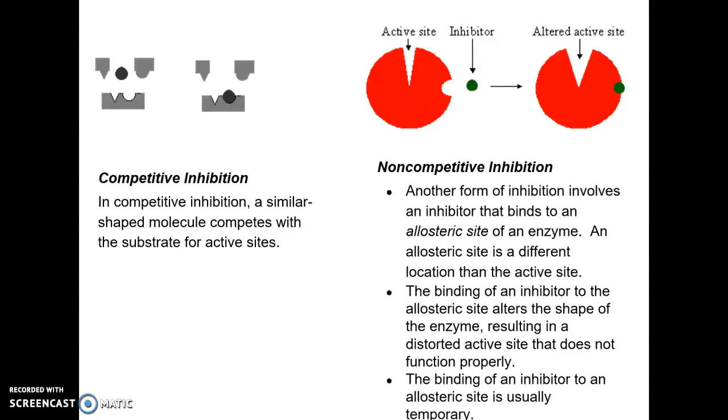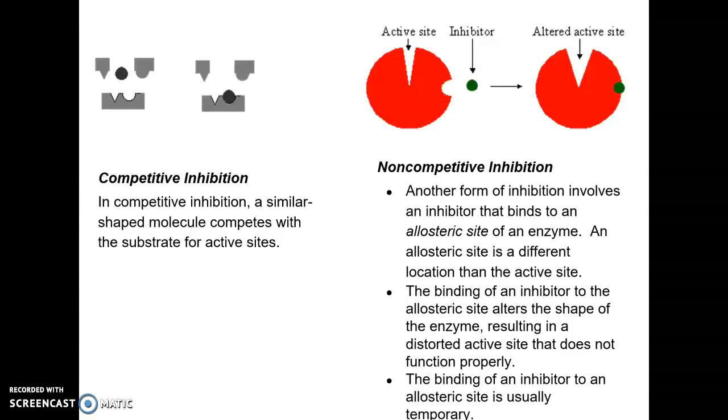Non-competitive inhibitors, however, bind somewhere else on the enzyme and cause an allosteric change in the structure of the enzyme, changing the shape of the active site. And so you cannot compete off a non-competitive inhibitor.